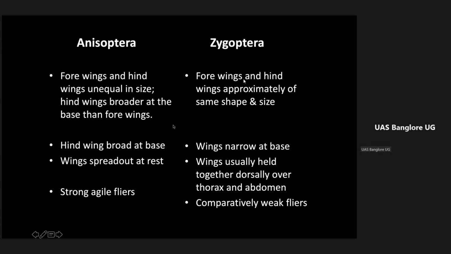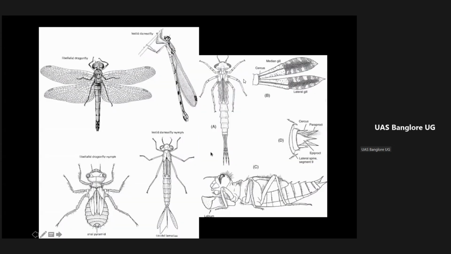That is why we call them dragonflies and Zygoptera. In dragonflies the hind wings are broad at the base, whereas in Zygoptera it is a thin, narrow attachment. Dragonflies spread their wings at rest, whereas damselflies hold their wings vertically above their abdomen during rest. Dragonflies are very strong flyers, whereas damselflies are weak flyers. So now you will understand what is Anisoptera and Zygoptera.